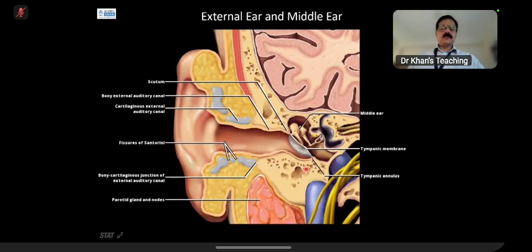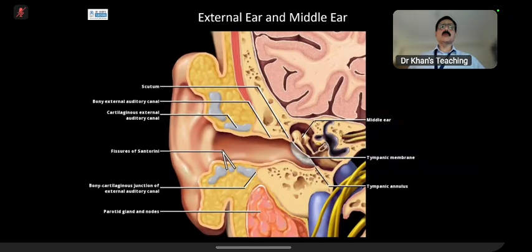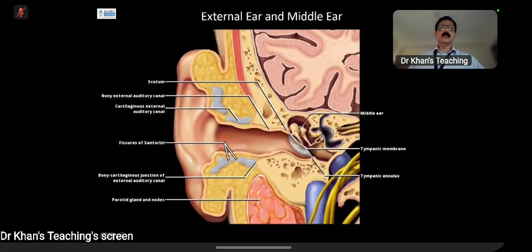So now, coming back to a global view of the middle ear.